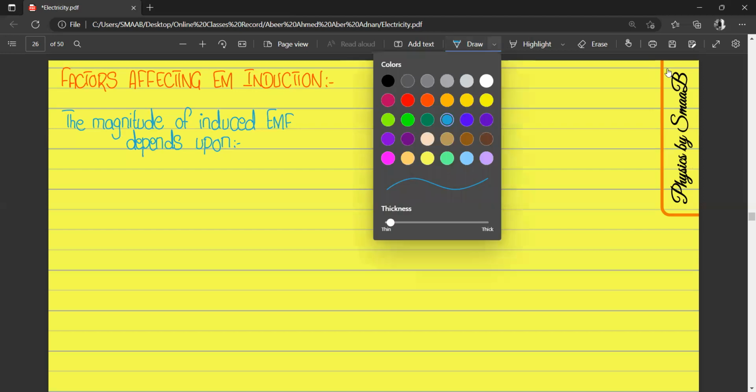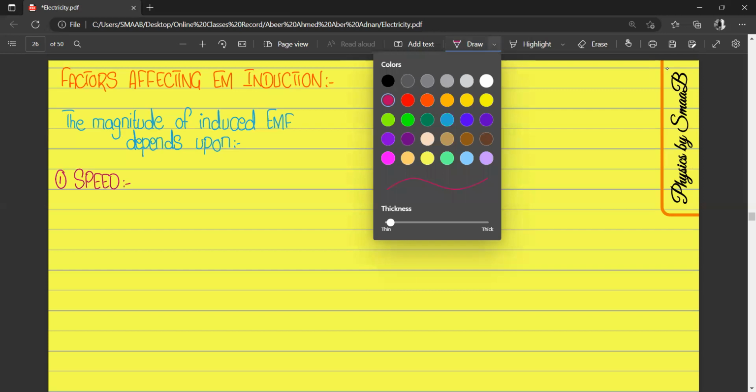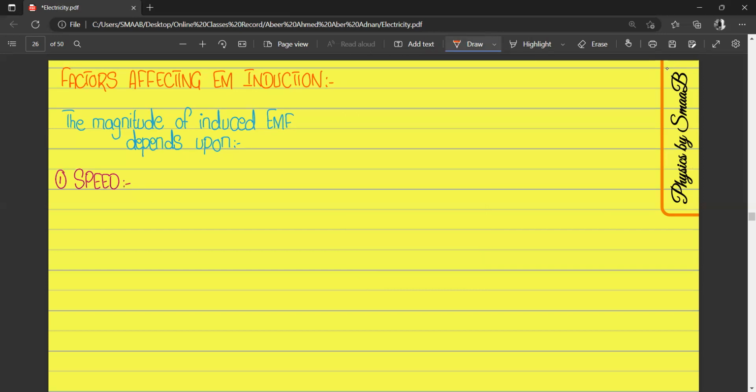So the very first factor that affects the value of induced EMF is the speed. We can write: it depends upon the speed at which the wire or coil or magnet is moved, right?